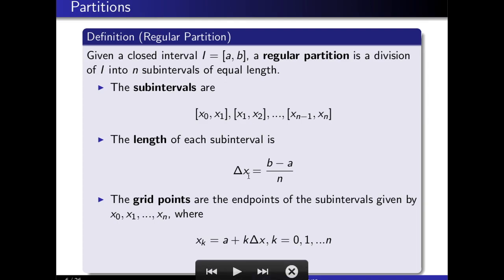For us, with the interval 0 to 1 and two subintervals, our delta x, the length of each subinterval, was (1 minus 0) over 2, or 1/2. And then you have what are called the grid points. These are all of the various points that we have for the interval, and the points that we had were 0, 1/2, and 1. I mostly have these expressions because I want to refer back to them in a moment.